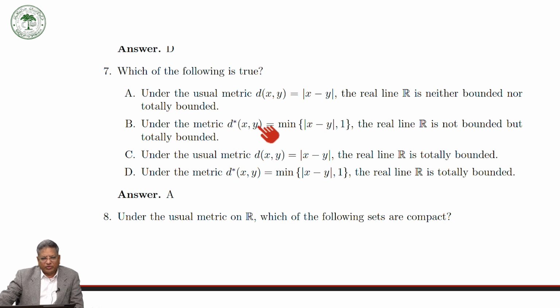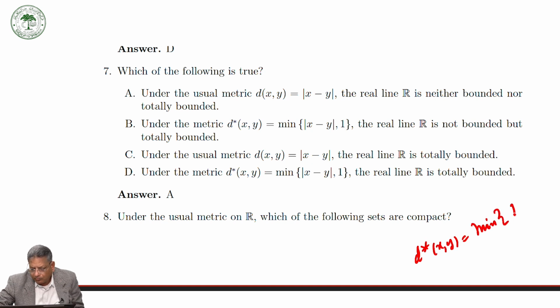Because if you have the real line with respect to the usual metric dxy, instead of this D star you can write D star xy is equal to the minimum of 1 and dxy.